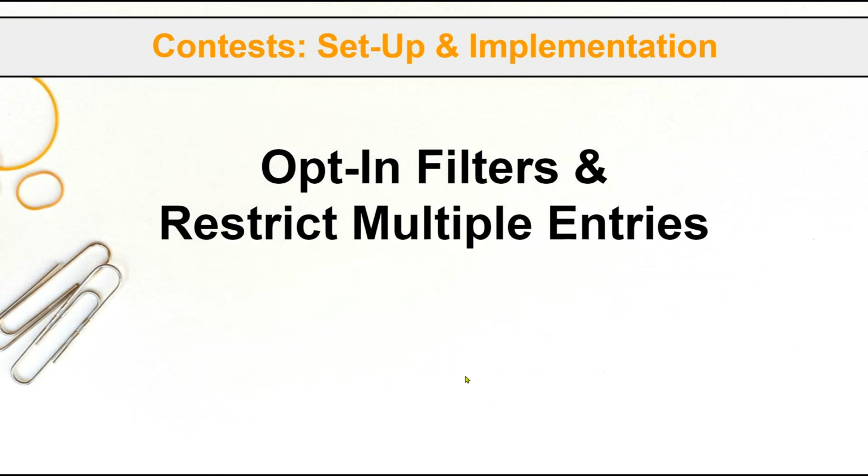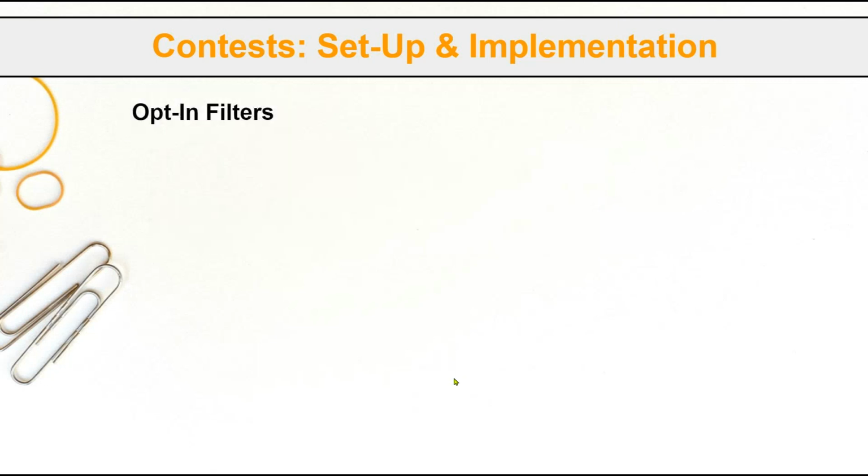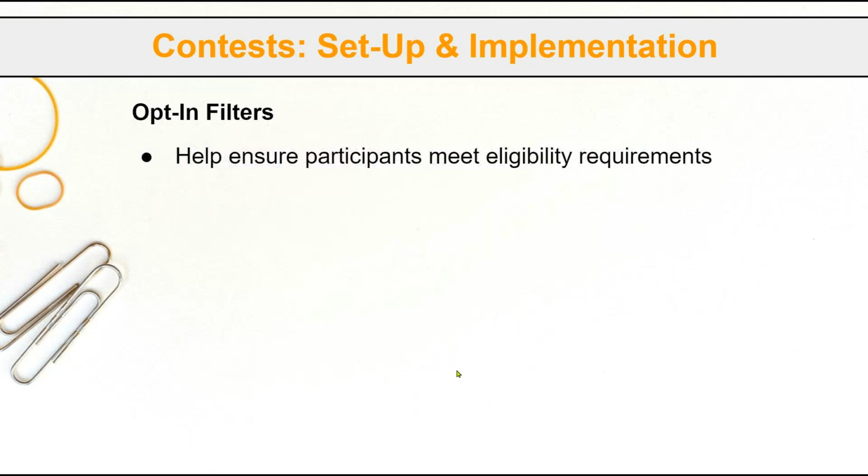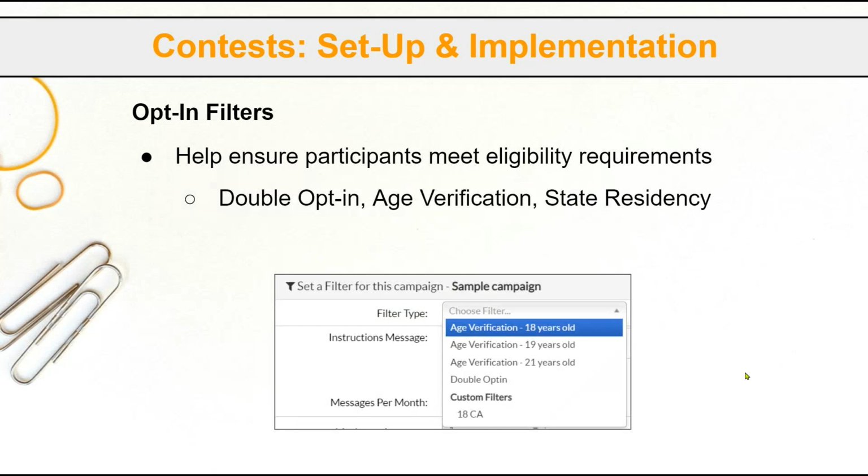Whether a contest set for nth winner or a custom campaign, opt-in filters will help ensure that participants meet your eligibility requirements. This can be double opt-in, age verification, or state residency, which is a custom filter.